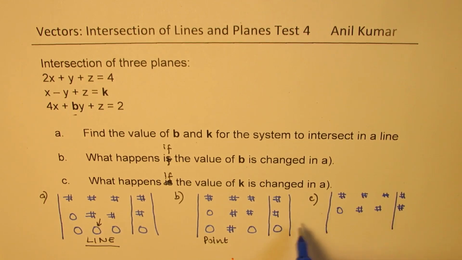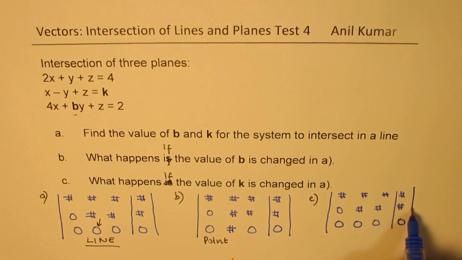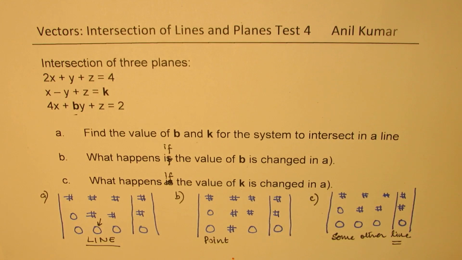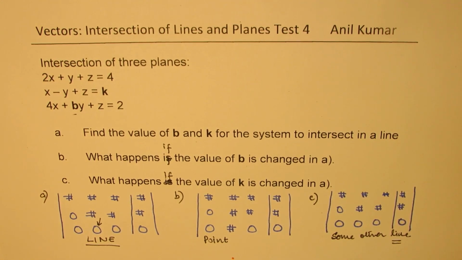And here what we get is 0, 0, 0 equals 0. So that may not change anything. So in this particular case, still we may get some other line. Correct. Now let's try to figure out the solutions.